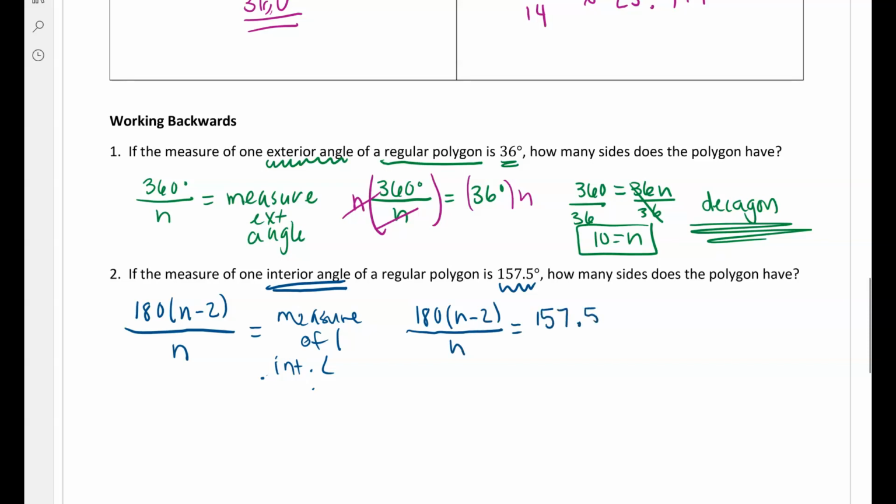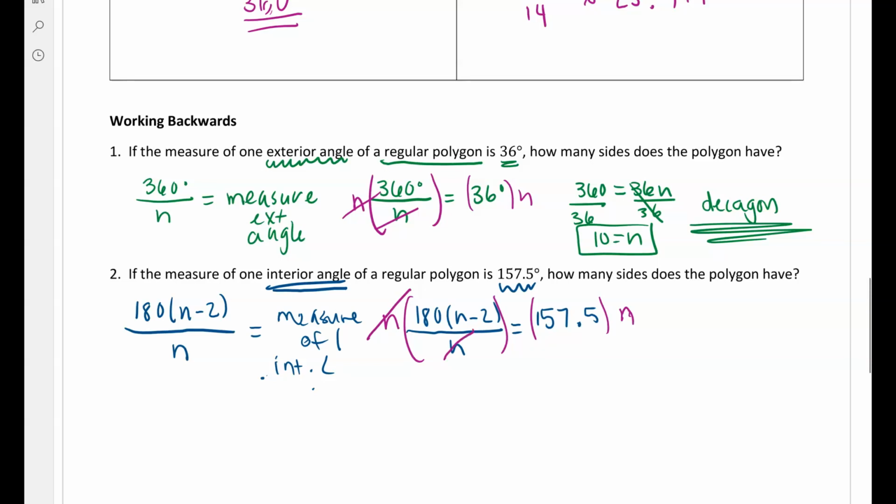All right, so we know that 180 times n minus 2 over n equals 157.5. So if we want to solve this algebraically, kind of like how we started that last problem, we could multiply both sides by n. And by doing that, that would undo the division of n on the left.